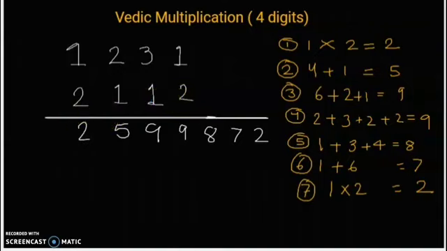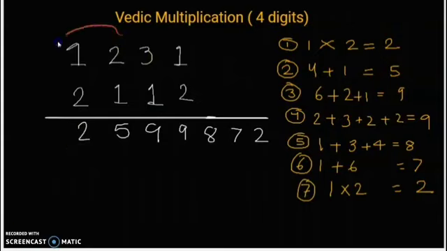So the method that we follow, I have written them in steps, and I will try to explain each and every step that is to be followed. So first of all, we will start with the extreme left, and we will multiply this 1 and 2, and that gives us 2, and that 2 I have written over here.